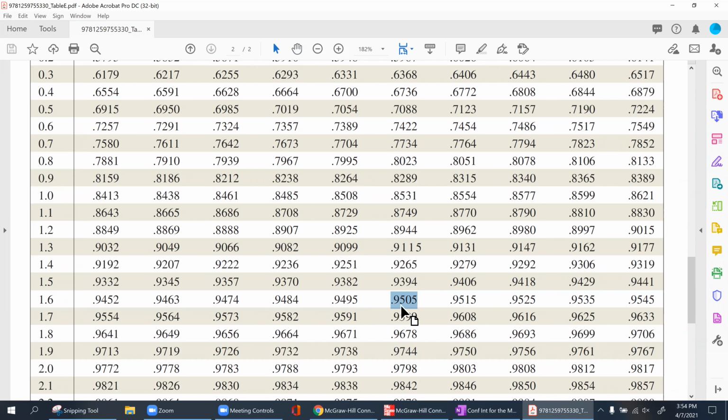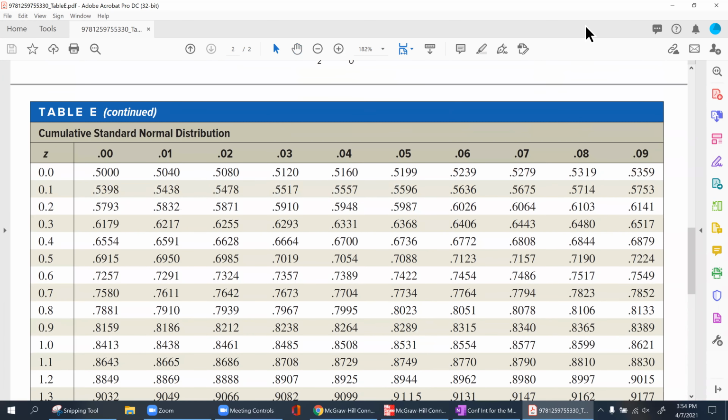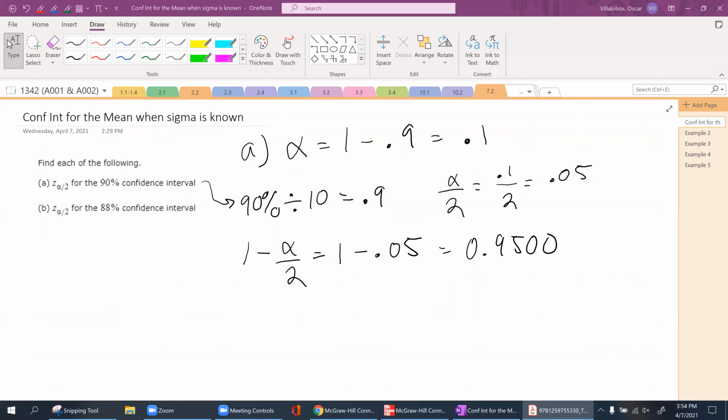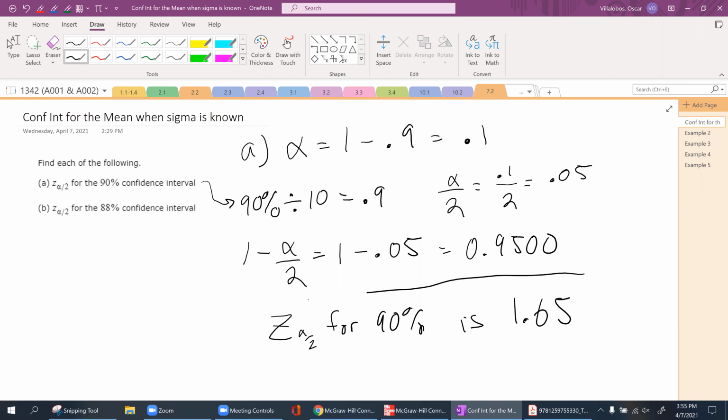My z-score here would be 1.65. Meaning my z alpha over 2 for my 90% confidence interval is 1.65.